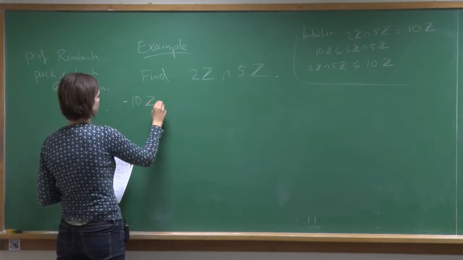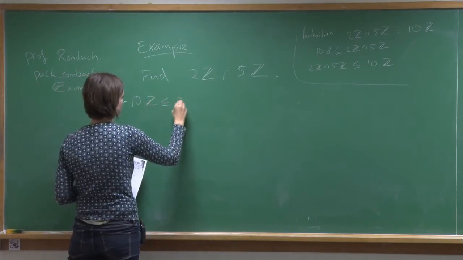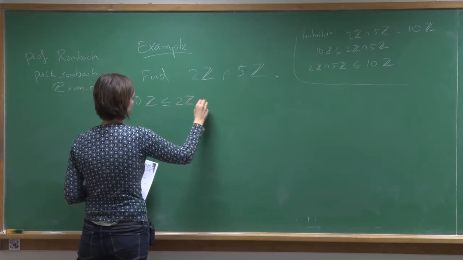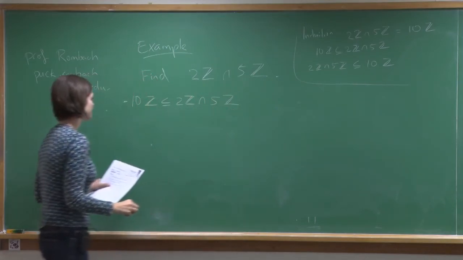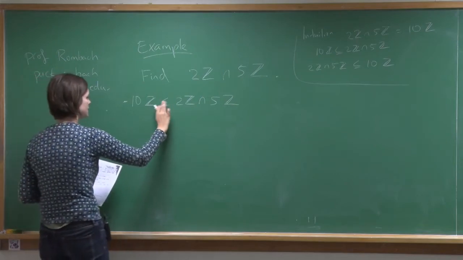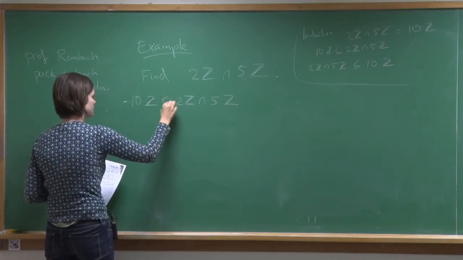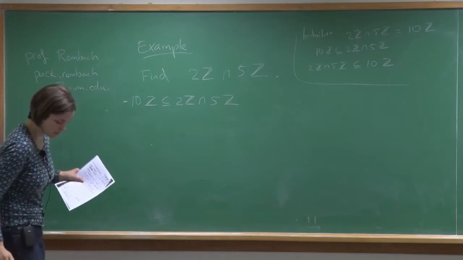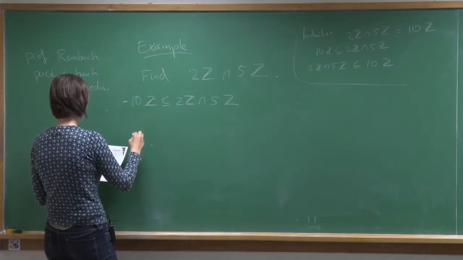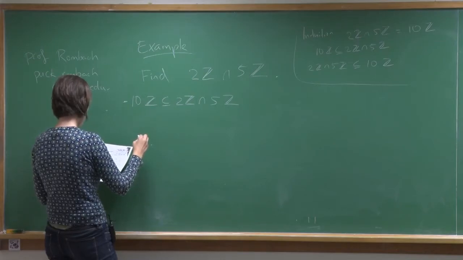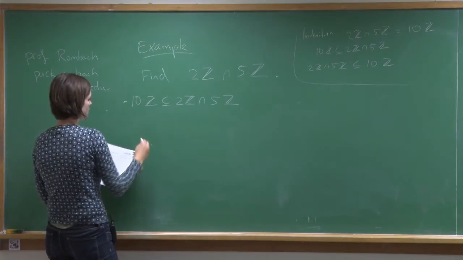Start by showing that multiples of 10 are a subset of the multiples of 2 and the multiples of 5. And how do we do that? Let's actually start the other way around.